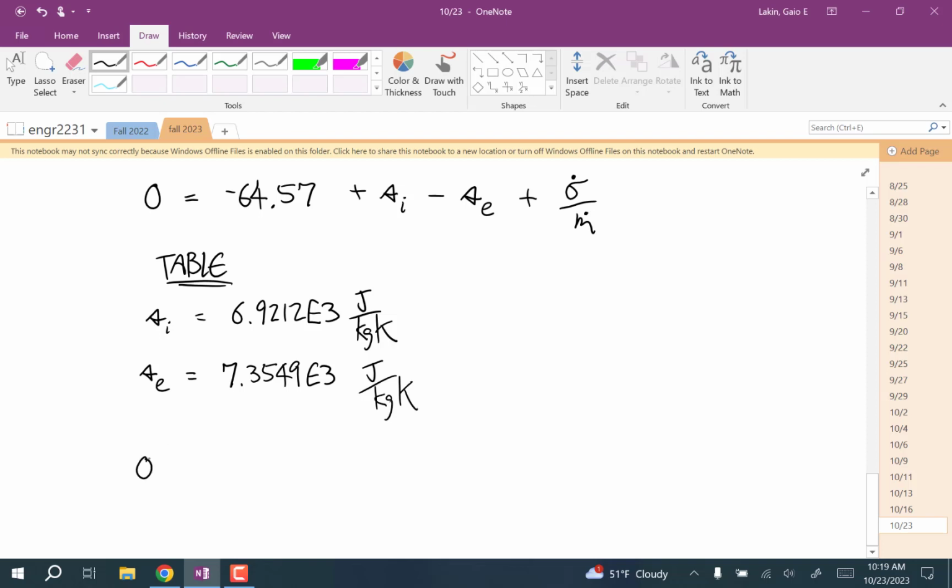And so we got 0 is equal to negative 64.57 plus 6.9212 times 10 to the third minus 7.3549 times 10 to the third plus sigma dot over m dot.